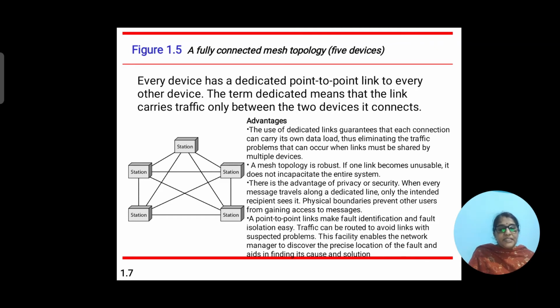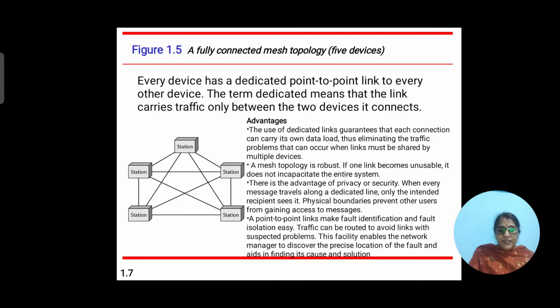Second, a mesh topology is robust. If one link becomes unusable, it does not incapacitate the entire system. Third, there is the advantage of security. When every message travels along a dedicated line, only the intended recipient sees it.